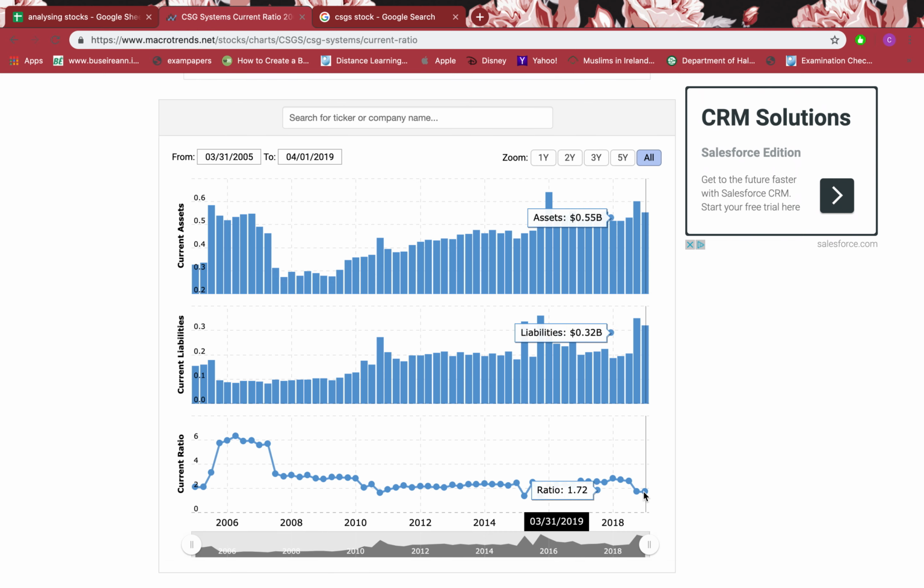Right now, it's 1.72, which is quite above 1.5. It's a very good margin of safety. But we need to be careful about this because we need to look at the previous trend as well. Let me look at the previous ones.